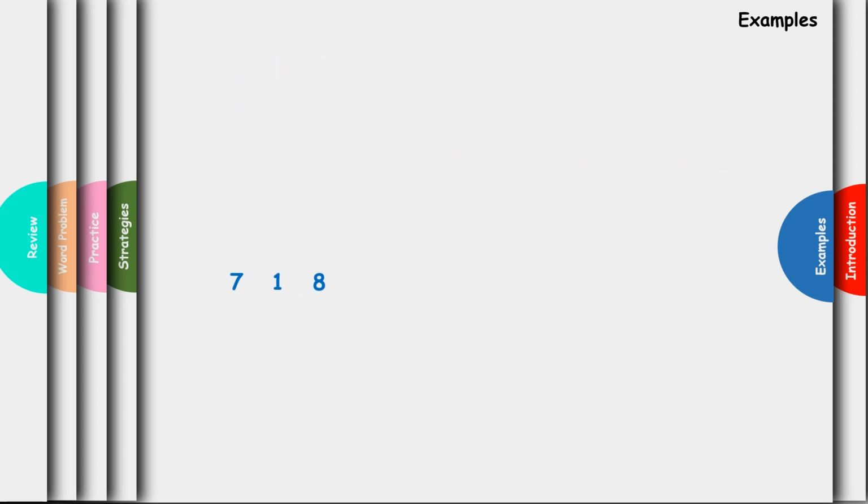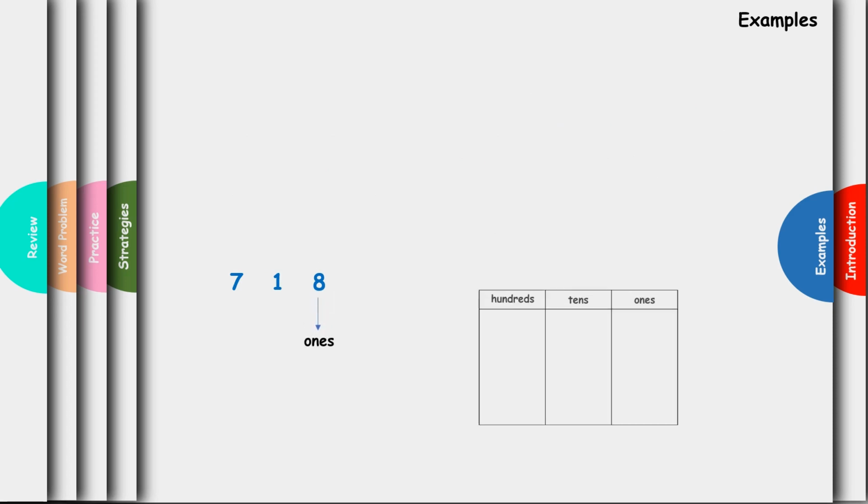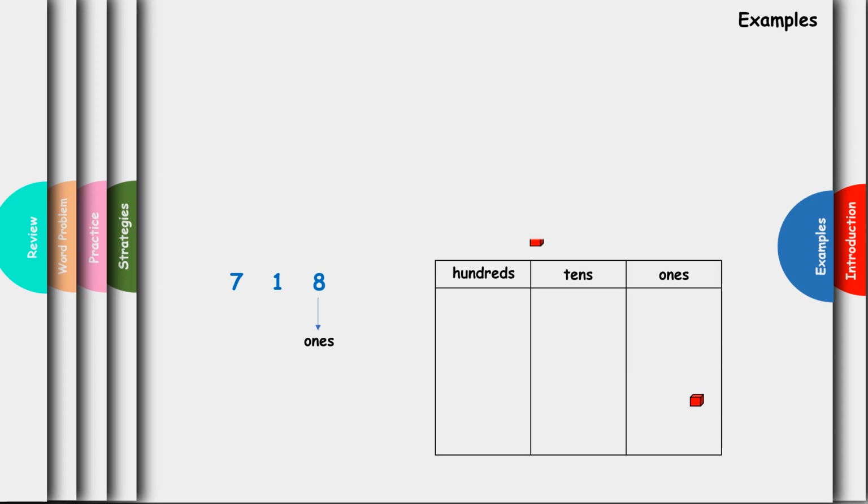718. It means 8 ones. 1, 2, 3, 4, 5, 6, 7, 8. 1 ten, 10.